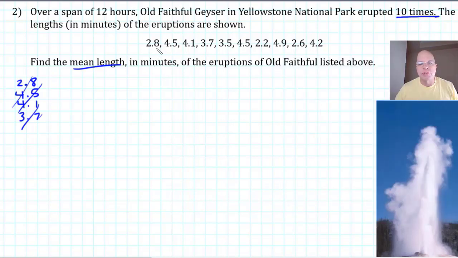Here's what I meant by associating to your advantage. This addend, 2.8, goes nicely with this one, 2.2, because 8 tenths and 2 tenths is one whole, and I can add that whole to the 4 I get when I add the 2 and the 2, and so 2.8 plus 2.2 work well together.